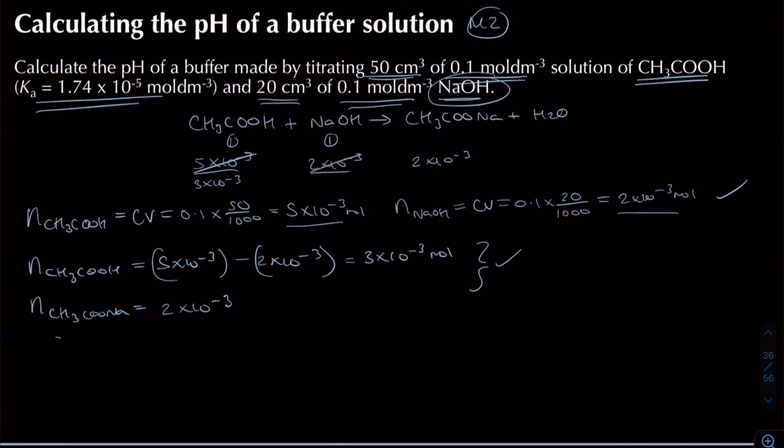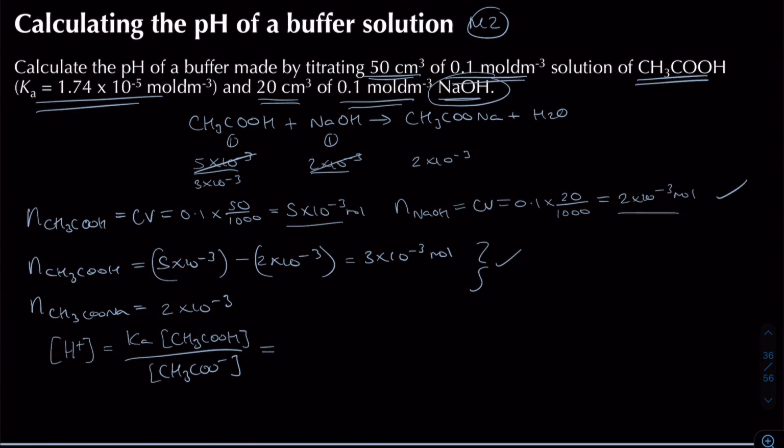The next step is to find the concentration of H+, which is going to be equal to Ka times the concentration of ethanoic acid, CH3COOH, divided by the concentration of our conjugate base, CH3COO minus. I really can't be bothered actually working out the concentration, so I'm going to keep it as number of moles.